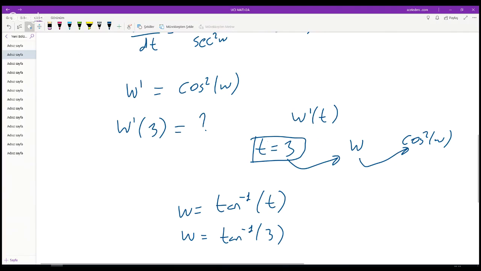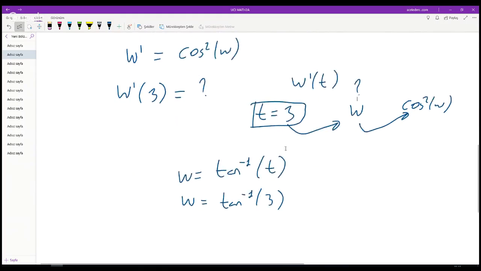But don't worry. I don't need to find w here. If you have a calculator in the exam, you can calculate that. But if you don't have one, just don't worry. I don't need to know the exact value of w. I need to know the value of cosine square w when t is 3.